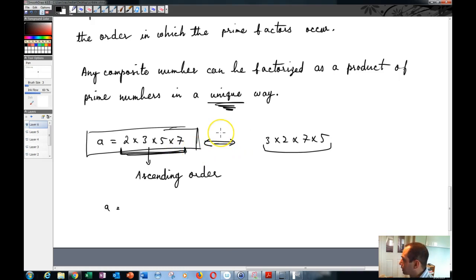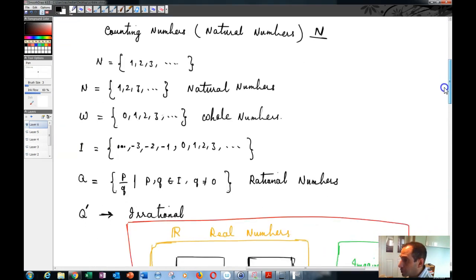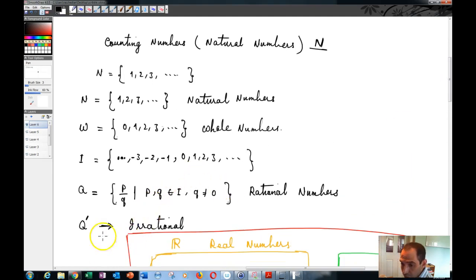So this is basically the same idea again. Now let's do some notation here as well to see what's going on.